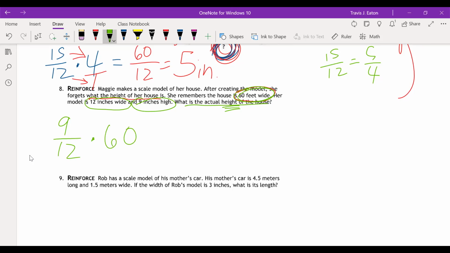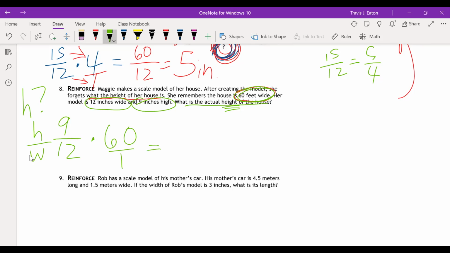Remember, height is what we're looking for, so the height is what goes on top. The width goes here, and then we multiply by the width that is given to us. And then we multiply straight across.